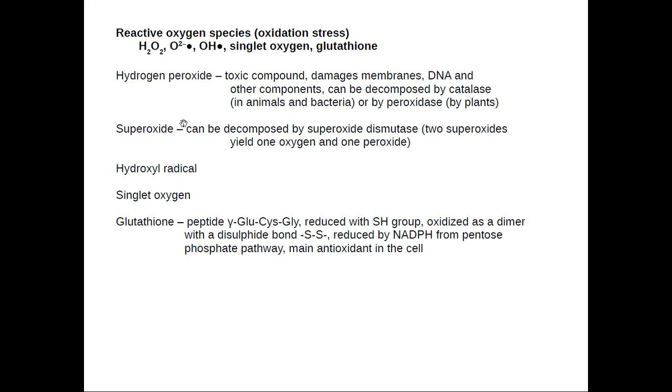So superoxide radical can be decomposed by an enzyme called superoxide dismutase. So it takes 2 superoxide ions, and it forms oxygen from one of them and peroxide from the second one. And it's again a very efficient enzyme.